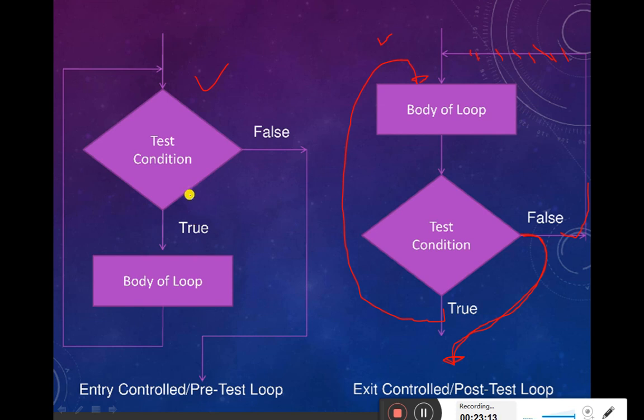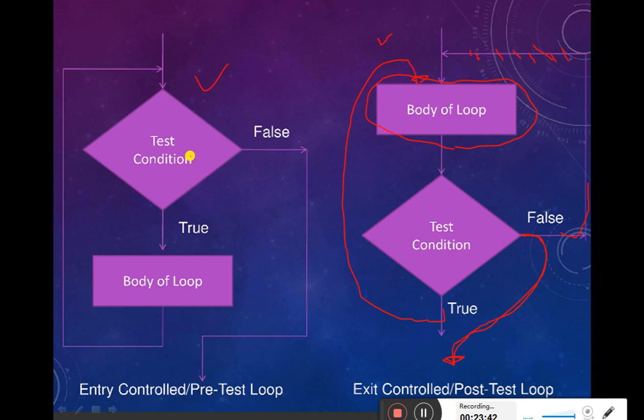In other words, in an entry controlled looping statement, the body of the loop can be executed 0 or more times. On the other hand, in an exit controlled looping statement, the body will be executed at least once, because the test is done after executing the body of the loop at least once.